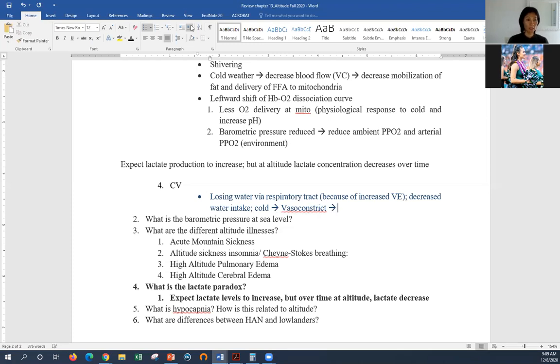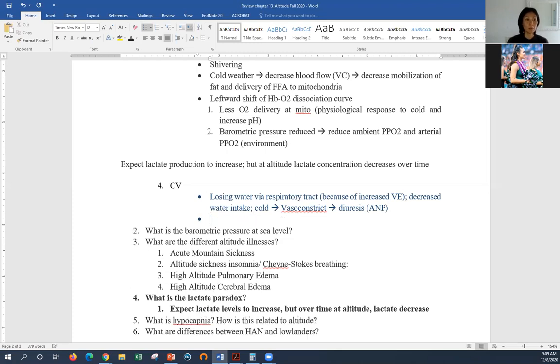This leads to diuresis through the hormone atrial natriuretic peptide. So our plasma volume drops. As a result of our dropping plasma volume, our heart rate is going to increase at any given submaximal workload and even at rest.